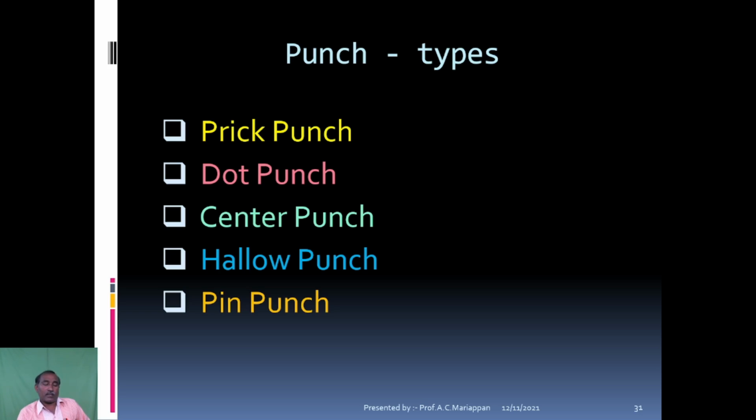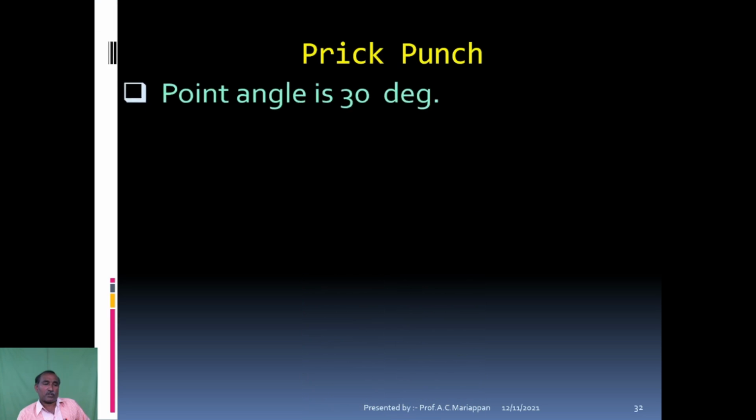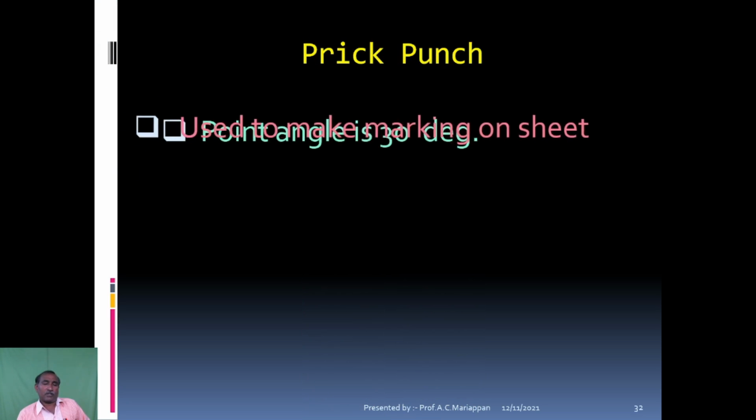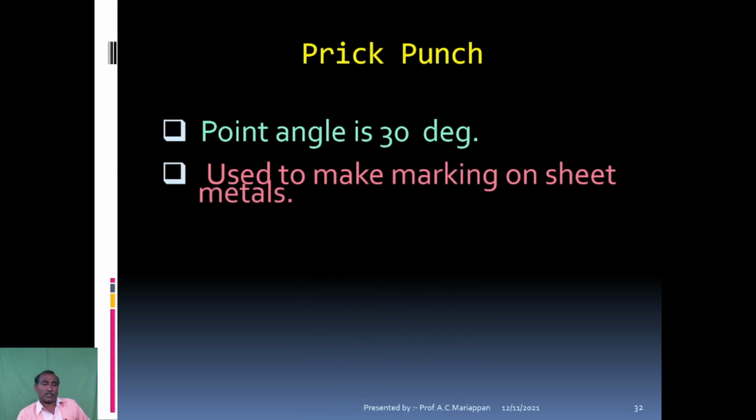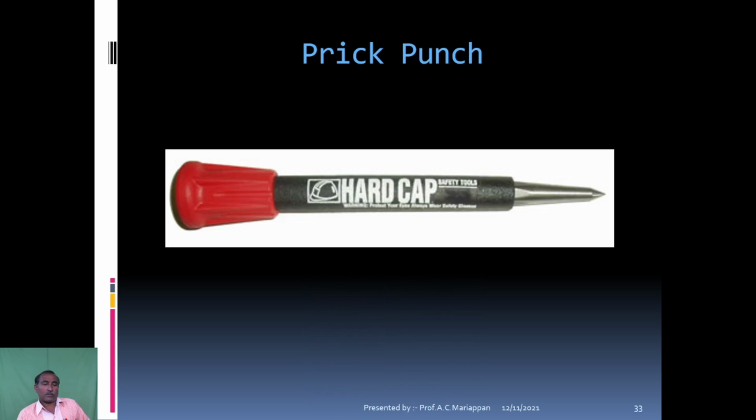Hollow punch makes a hole in rubber or leather, and pin punch makes a hole in shaft metals or sheet metals. So we can see the different types of punches one by one. The brick punch, with a 30° angle, is used to mark on sheet metals.